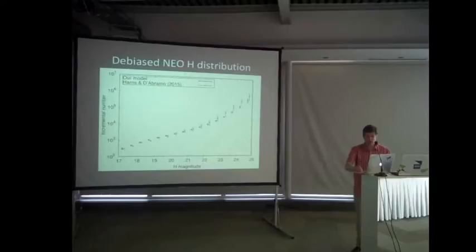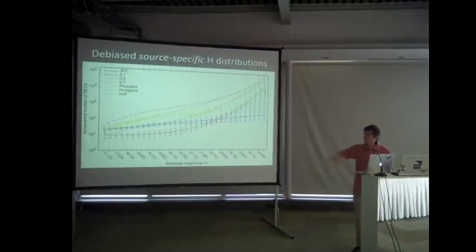Because of the way that we do this modeling, we can also slice up the distribution into different size distributions for different sources. And from this you can try to do more physical interpretations of what actually happens at different sources, because for some reason the size distributions vary as a function of source, so there must be something different going on between these sources.